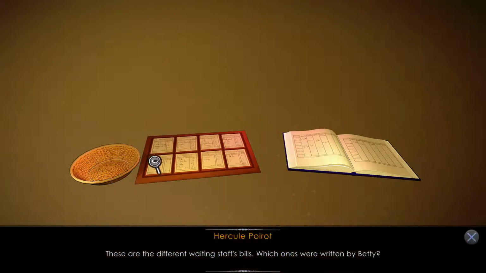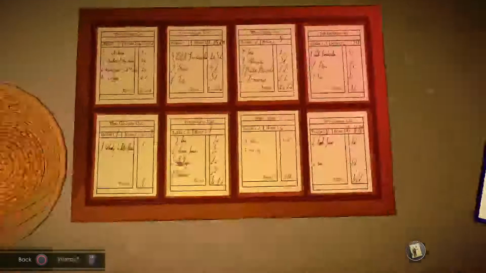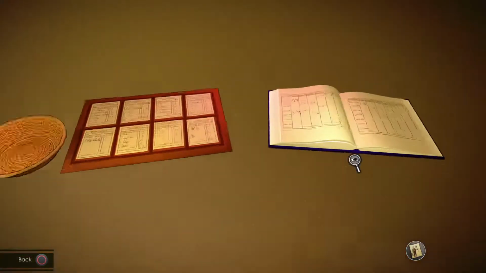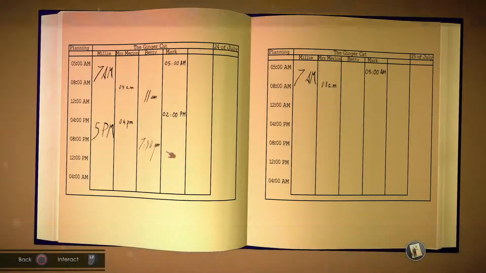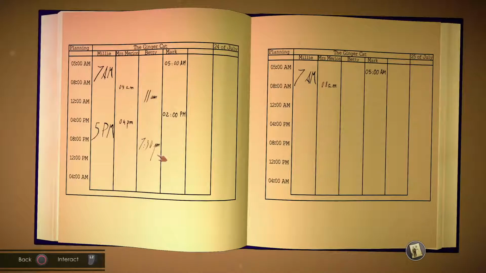These are the different waiting staff's bills. Which ones were written by Betty? Where is Betty? So she's got long P's, really close together M's.